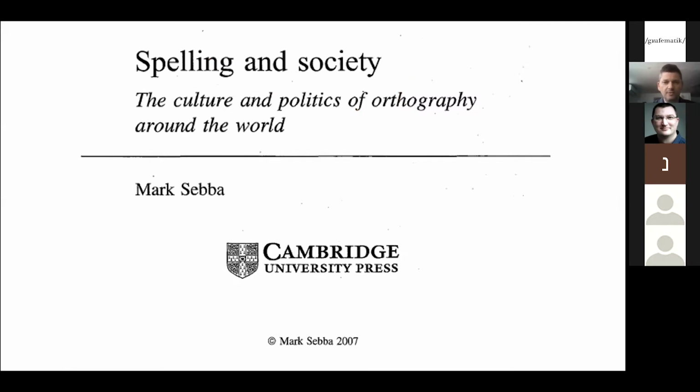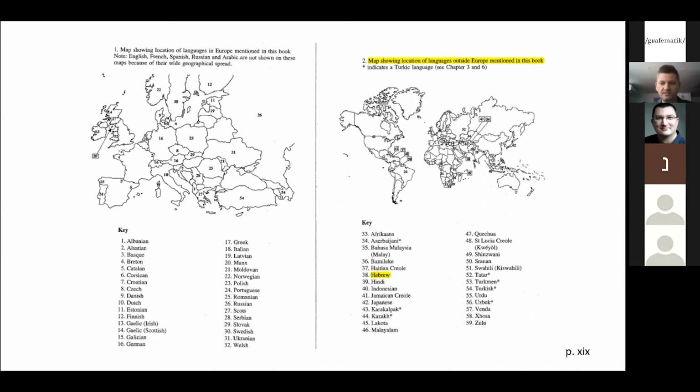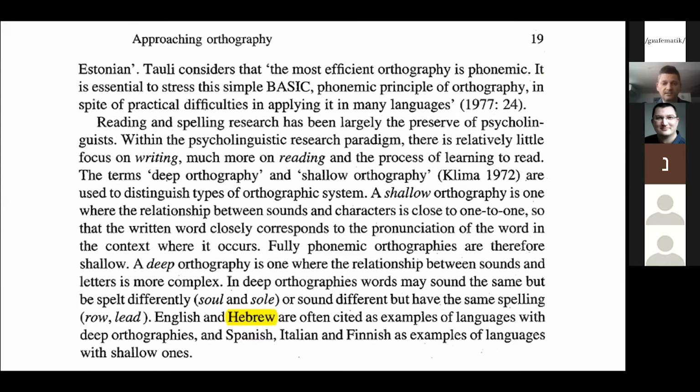And when I was looking for a reference to Hebrew, I found almost nothing, namely a mention of Hebrew among the languages that are outside of Europe and treated in the book on the map, as you can see here, and then some reference to Hebrew as an example for deep orthography alongside English. So that's not a specific treatment of spelling in society, just some premises.